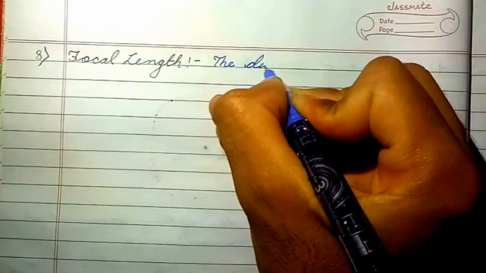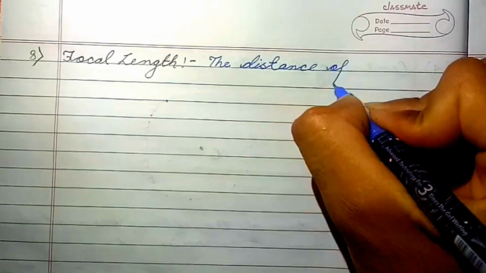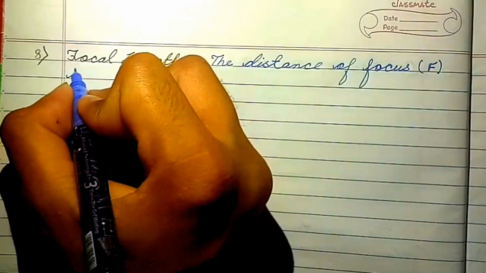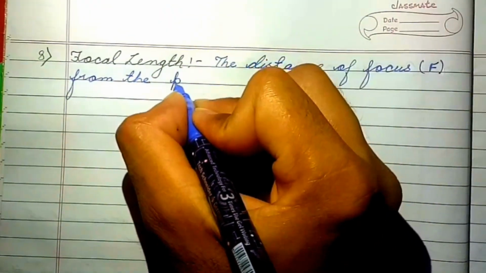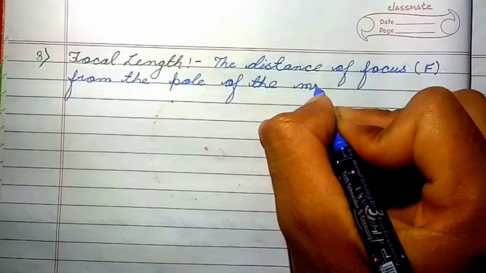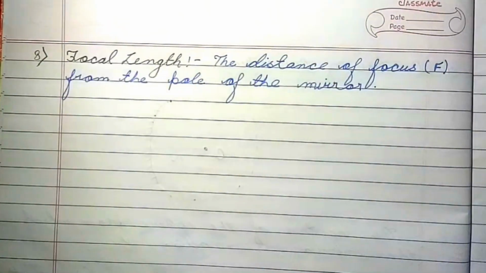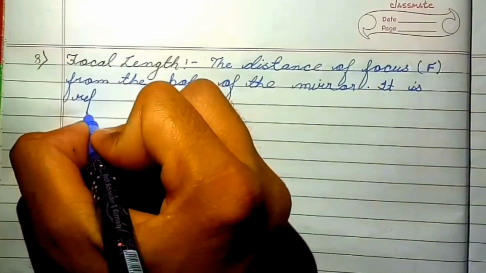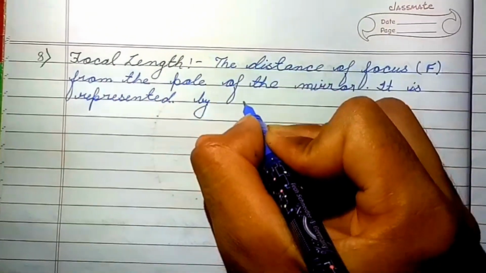The distance of the focus from the pole of the mirror. Okay, it is represented by small f.